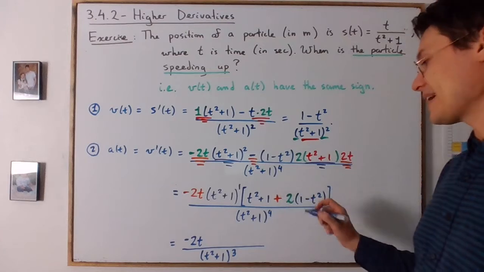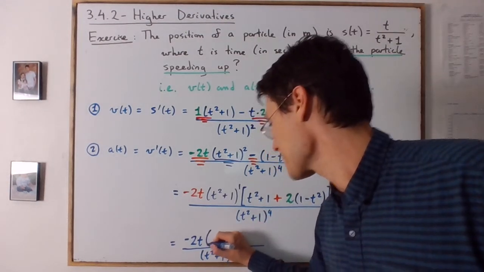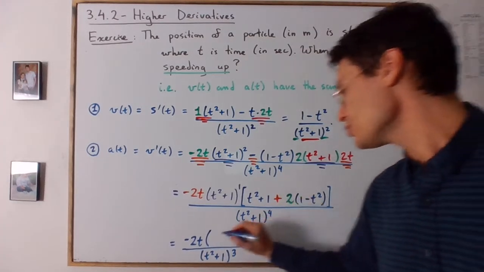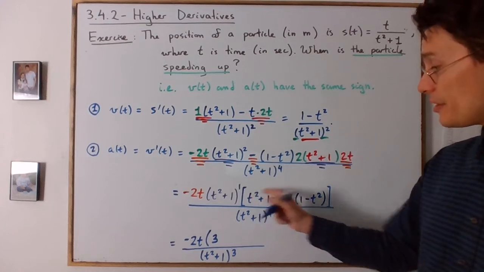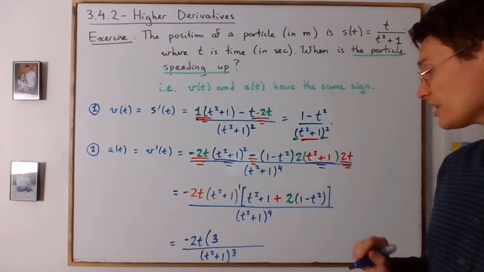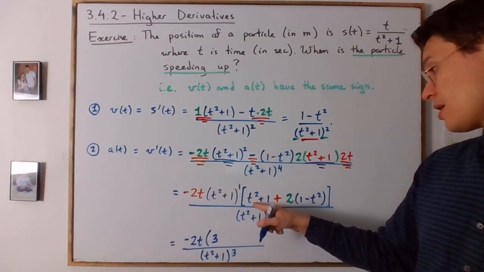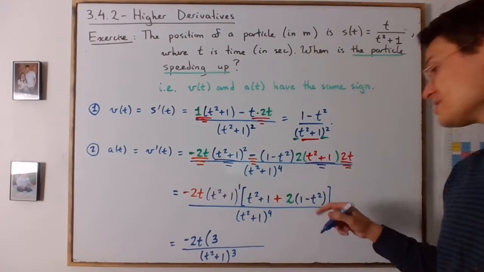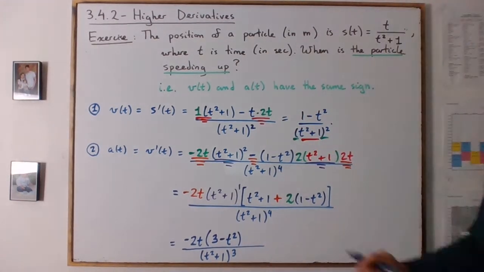And now we're simplifying that. What is left? 1 plus 2 is 3. And I'm putting it first because, as you can see, the resulting coefficient of t squared is going to be negative. You're going to have t squared minus 2t squared. So minus 3t squared.